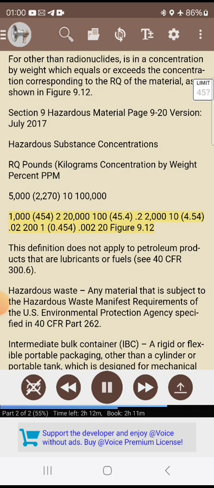Figure 9.12. This definition does not apply to petroleum products that are lubricants or fuels, see 40 CFR 300.6.